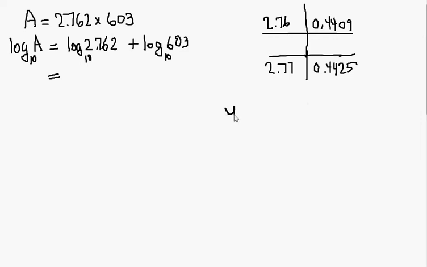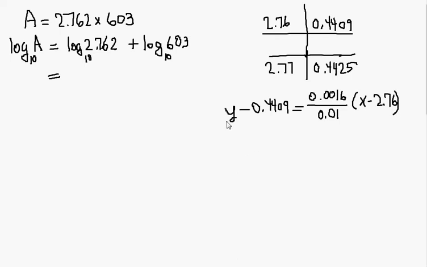So let me find the equation of the line between these. y minus, using this as my point, 0.4409 is equal to the slope. The difference between these two, 25 minus 9, is 16, so 0.0016. That's the change in the y divided by the change in the x, which is 0.01, times x minus 2.76.